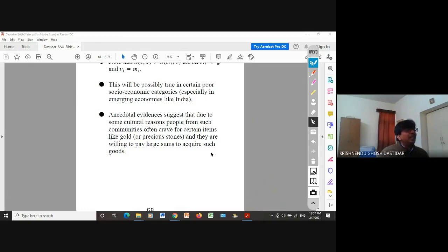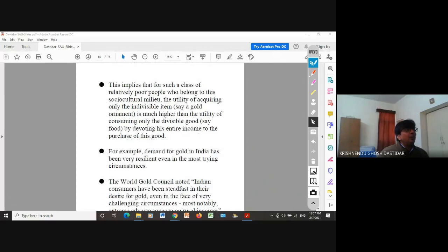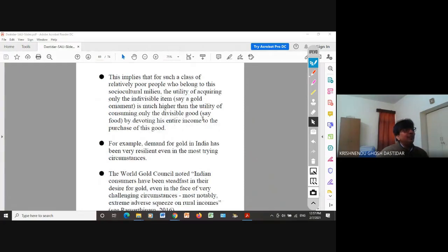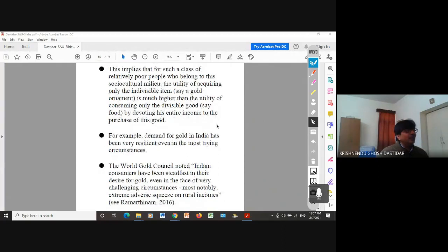This implies that for such a class of relatively poor people who belong to this socio-cultural milieu, the utility of acquiring only the indivisible item, say a gold ornament, is much higher than the utility of consuming only the divisible good, say food, by devoting his entire income to the purchase of this good.